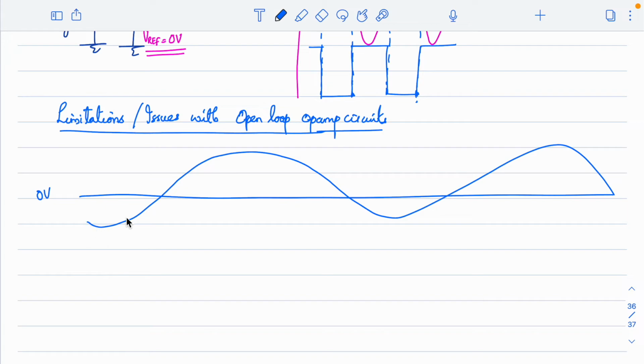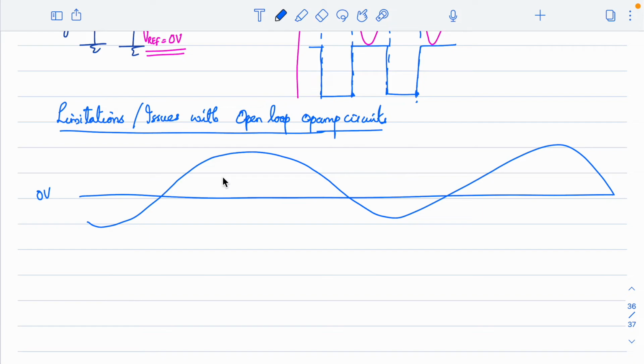Say for example, this is the zero voltage, right? Now you have an input signal here, and the input signal will definitely take a long time to cross zero, right? I have drawn a waveform which fits the screen, but you can think about scenarios where you have a very slowly changing input signal waveform.